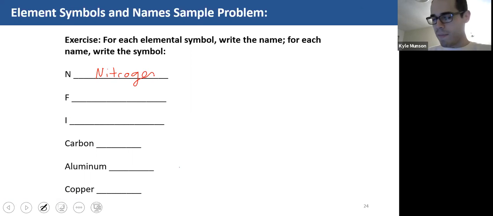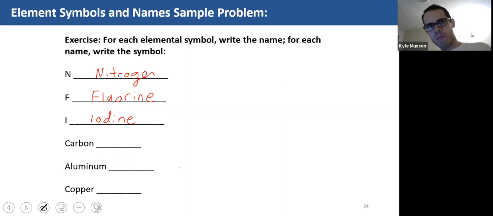All right, and the next one, if you found that on your chart, or on the periodic table, I should say, it's fluorine. Okay, the next one, iodine. All right, so again, this is just getting familiar with looking at the symbol, finding it in the periodic table, and writing down its name.